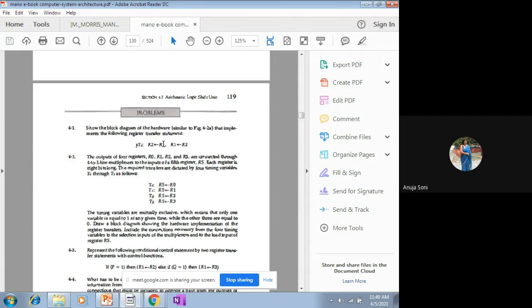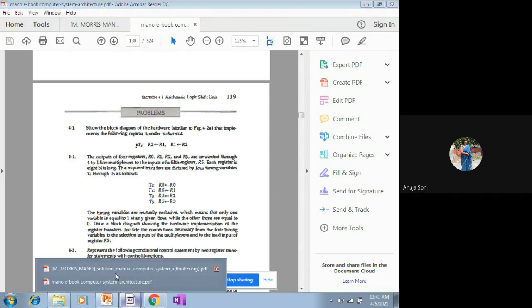Contents are being transferred from R1 to R2, and also the contents are transferred back from R2 to R1. That means the swapping takes place. And whenever some control function is enabled, earlier there was T only, but here in this case Y dot T2, it is basically going to signify the AND operator over Y and T2. So now what you have to do is draw the block diagram of the hardware that implements the following register transfer.